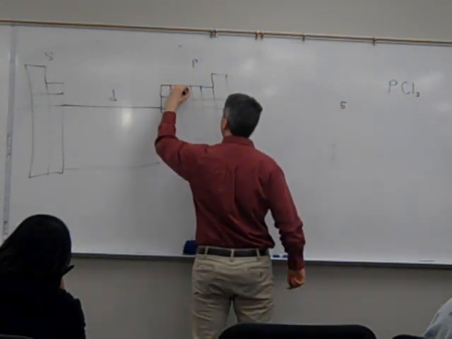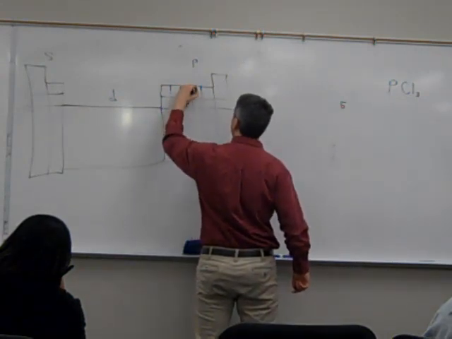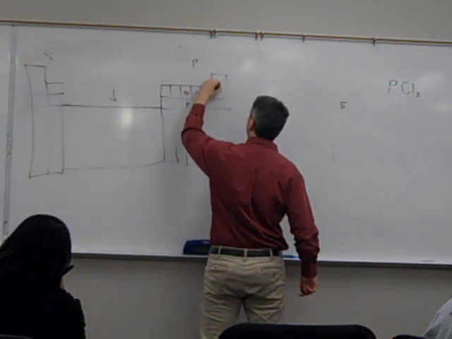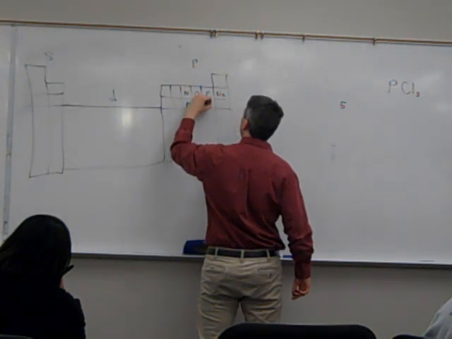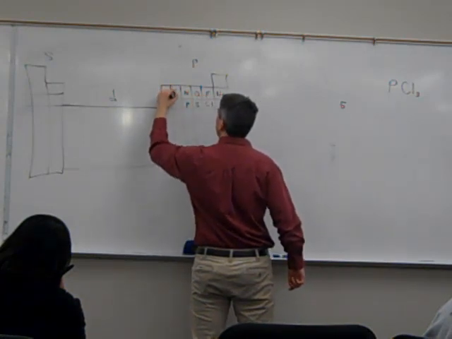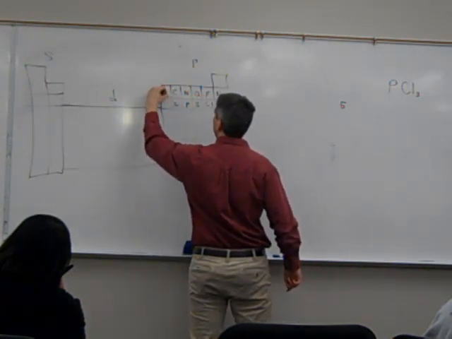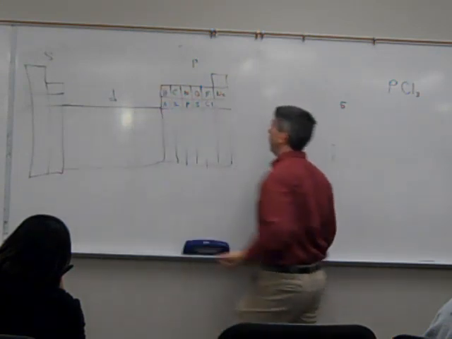Phosphorus is, here's nitrogen, but here's phosphorus right underneath it. And then you have O, F, and Ne, right? And P, S, Cl, C, Si, B.